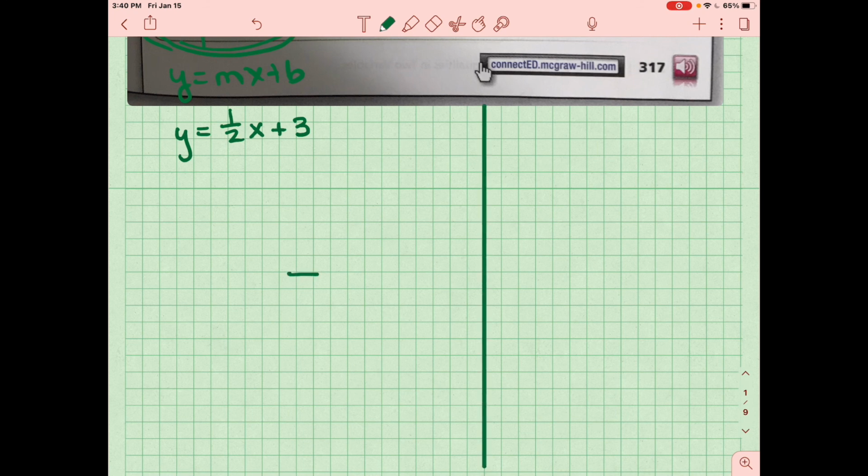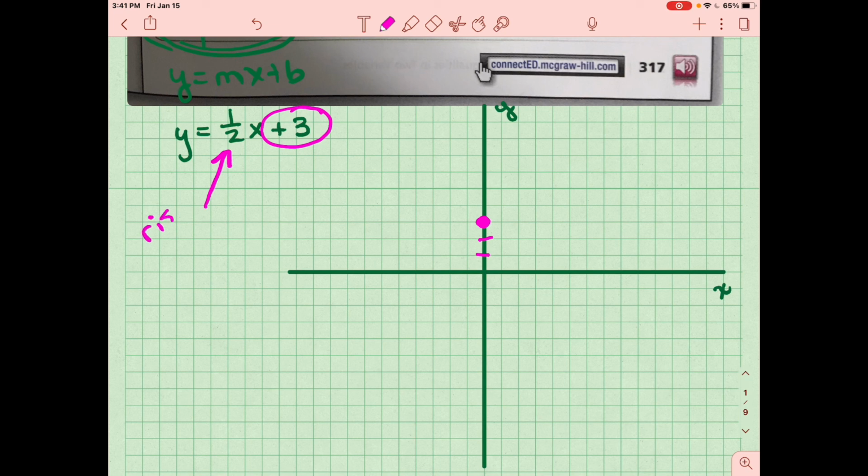All right, I need a graph. This will be our x-axis and our y-axis, and we're going to start at the y-intercept, which is 3. So 1, 2, 3. This is where our y-intercept is. And then my slope is rise over run, 1 over 2.